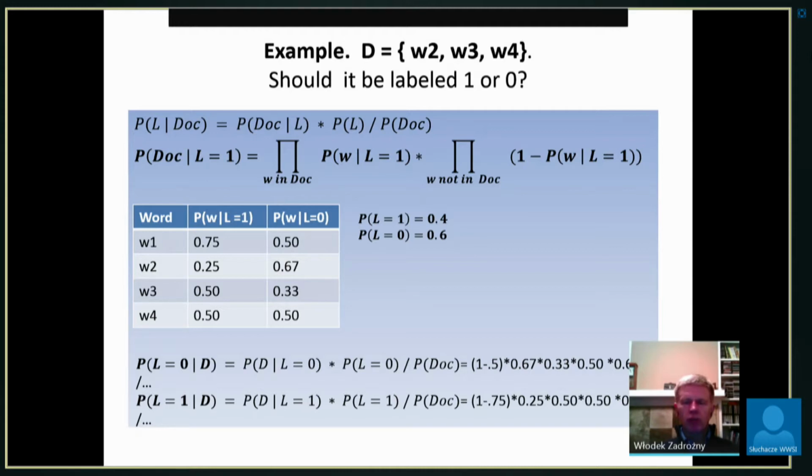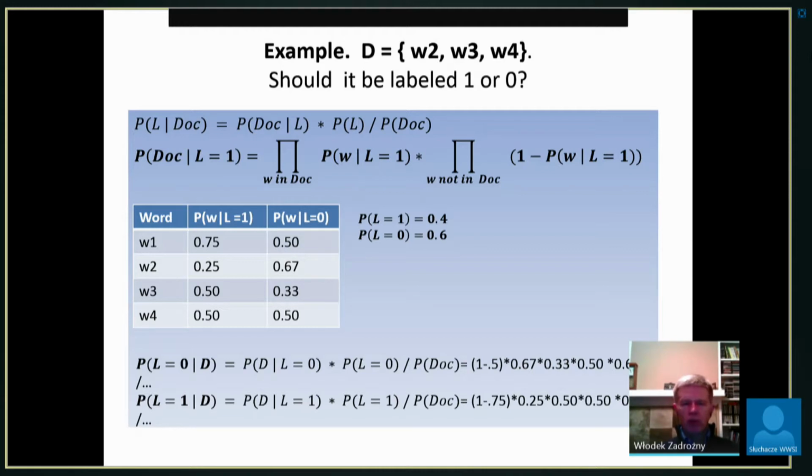Well, we have to multiply it by the probability of the label, and we know from before that for label 0 it is 0.6, and for label 1 it's 0.4. That's how we get the final formula, except for the division by the probability of the document.